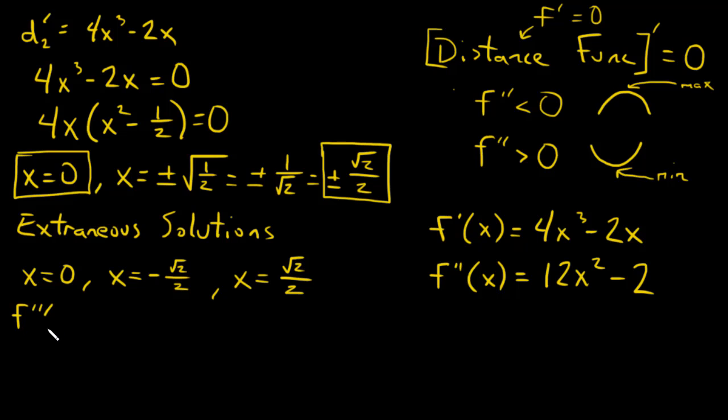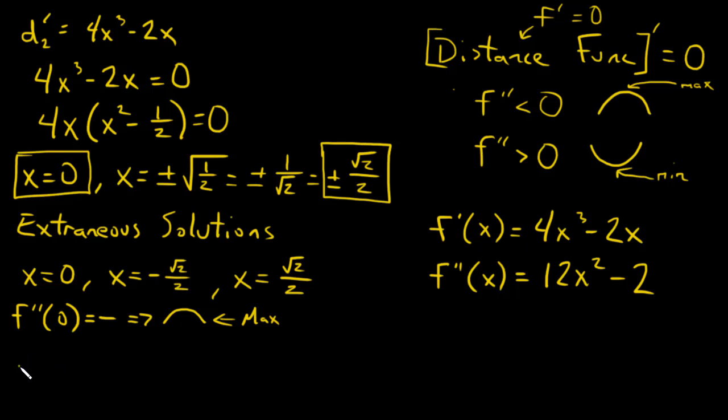F double prime of 0 is going to be 0 minus 2, negative. That means it's negative, it's concave down, which means that we have a max. So x equals 0 is not one of the actual solutions.